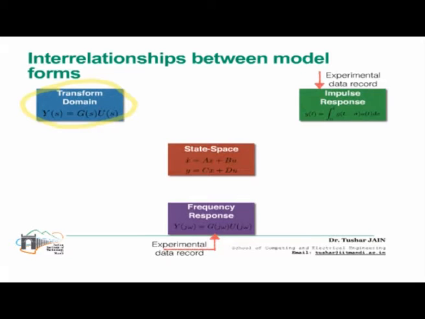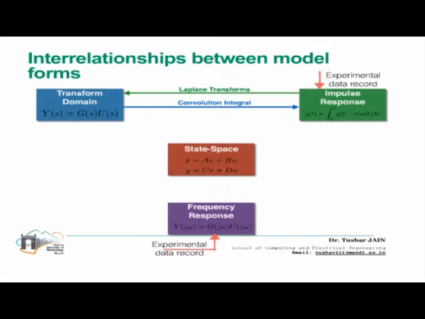The relationship is, if you have an impulse response of the system, you could take the Laplace transform and finally have the transfer function. And if you take the inverse transform of the transfer function, you would get the impulse response. This is the relationship between the transfer function and the state space that you need to realize.